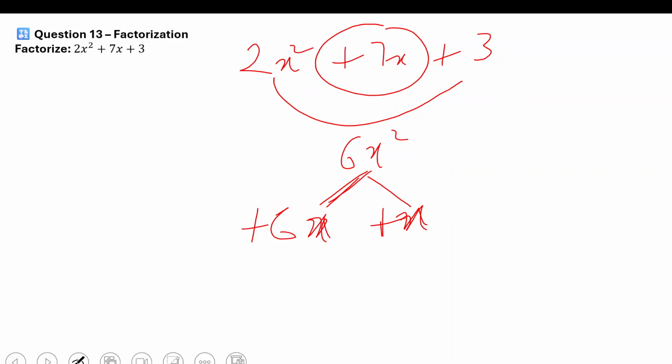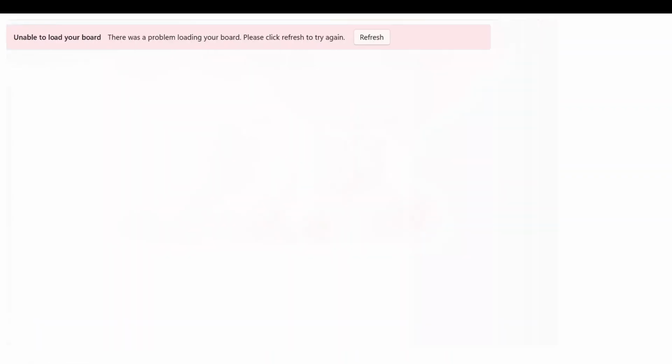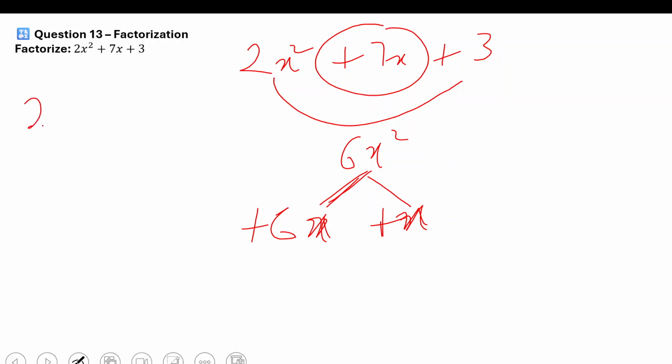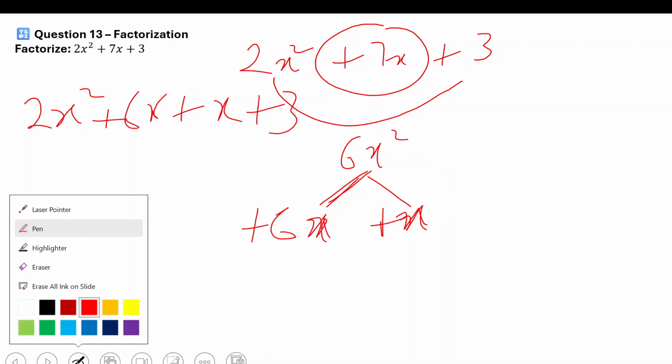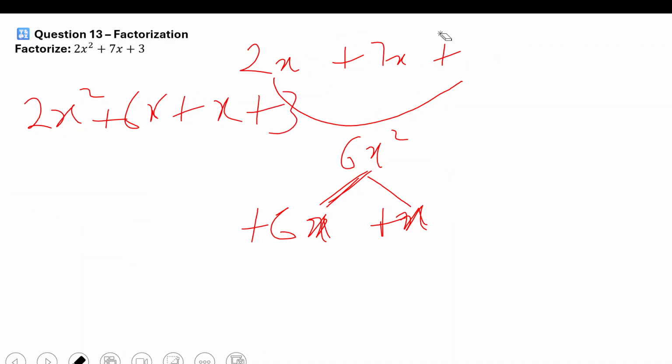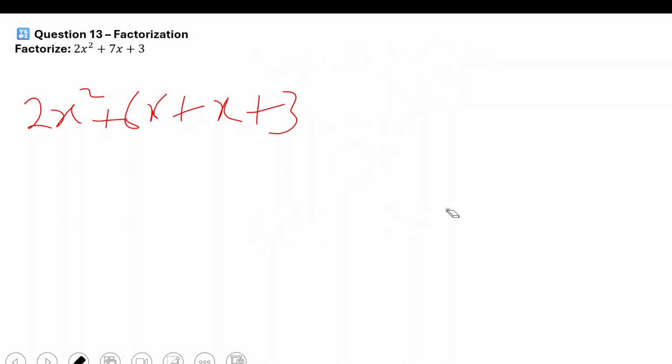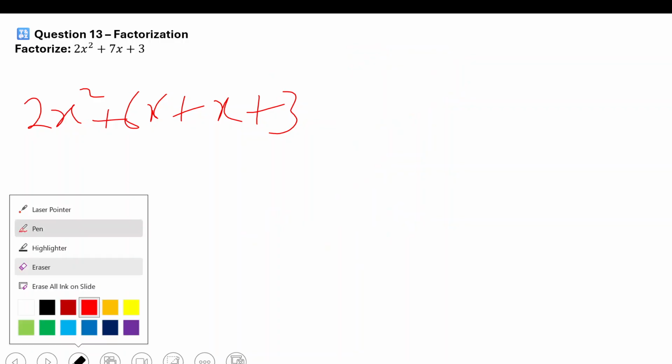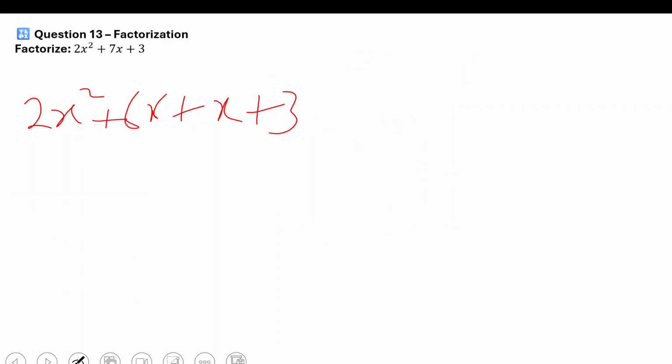So I'll write again. All right, so you have 2x squared. Instead of having plus 7x, I will have plus 6x plus x plus 3. Okay, so I'm going to work on this and then factorize by grouping.